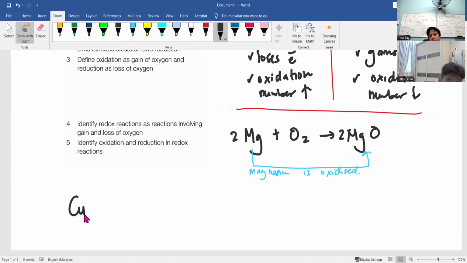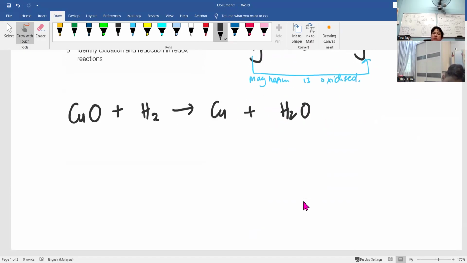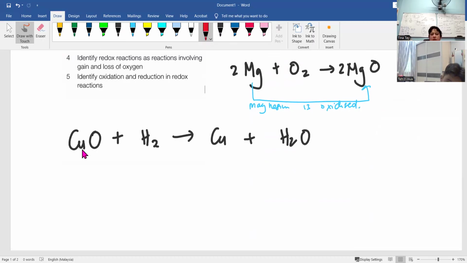All right. Copper oxide becomes copper. Do you think this is oxidized or reduced? Reduction.